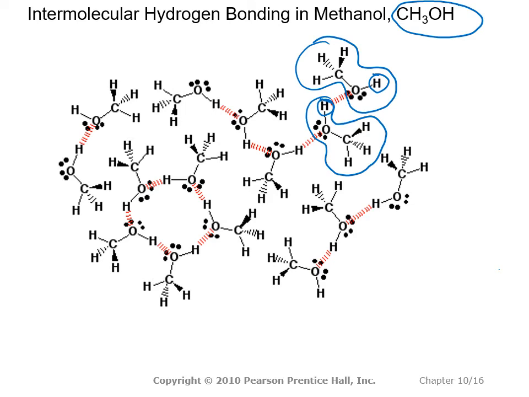Now, if we take a look at methanol, I want you to be very clear that it is only this atom that can participate in the intermolecular hydrogen bonding. These hydrogens are not directly attached to an oxygen, a nitrogen, or a fluorine, so there is not going to be any intermolecular hydrogen bonding.